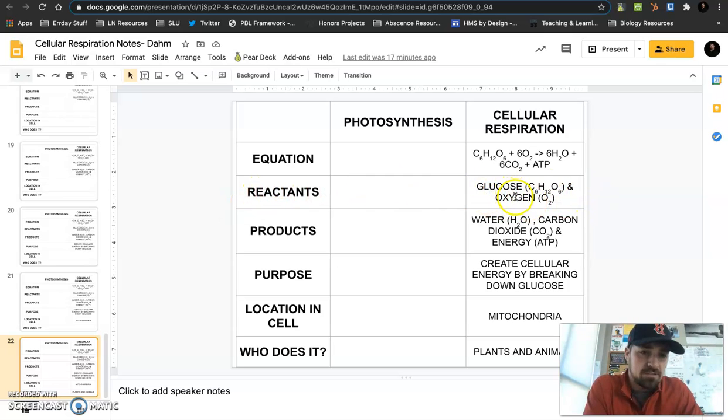You have glucose and oxygen. What comes out, the products, are water, CO2, and ATP. ATP, your cells use to function. CO2 you breathe out as a byproduct, and the water your cells use as well. Okay, this is all done so that you can break down glucose to produce energy. Okay, it happens in the mitochondria, and both plants and animals do this to get energy.